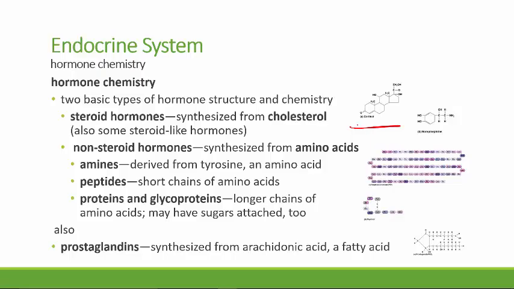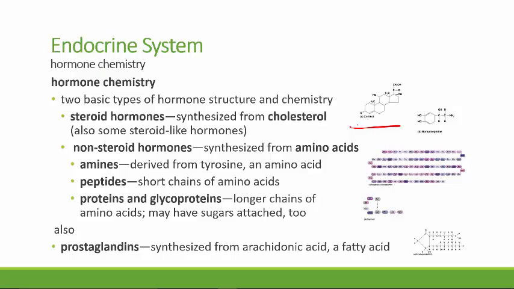So that's one group, and then the other group are the non-steroid hormones. Interestingly, when it came to naming hormone types, nobody got creative like we see in so many other body systems. So the non-steroid hormones are ones that are all synthesized from amino acids. If you recall, amino acids are the subunits of proteins.